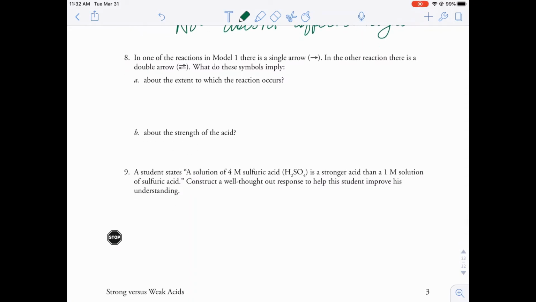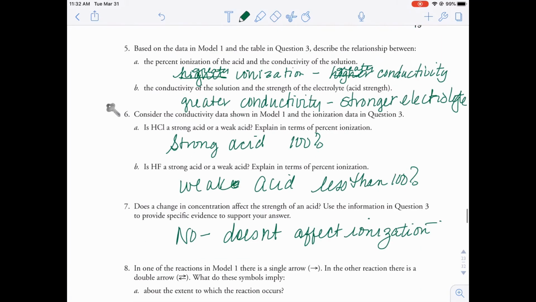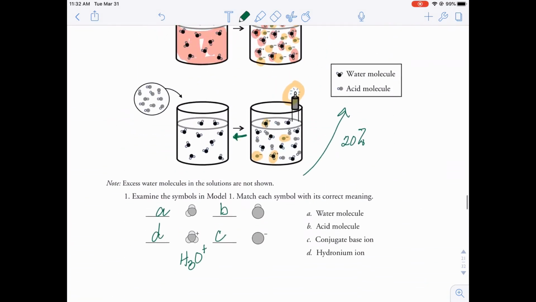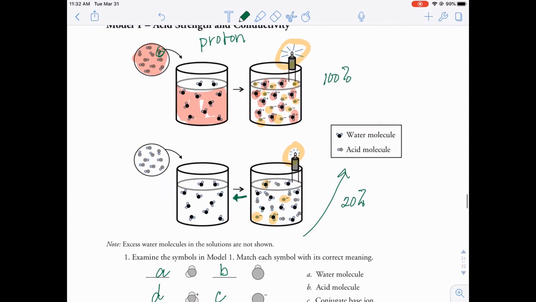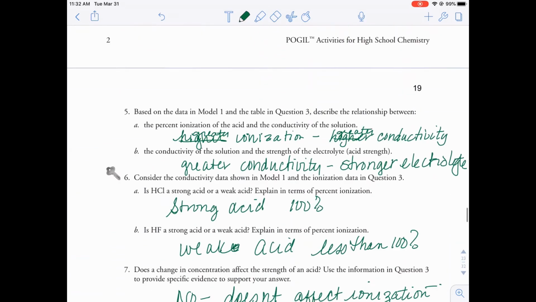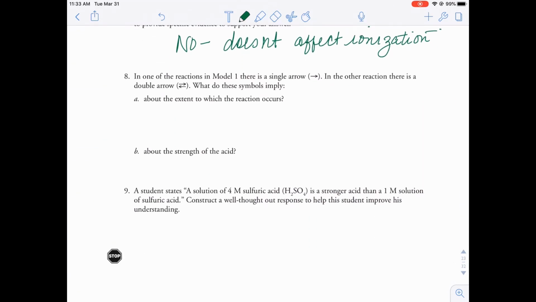One of the reactions, there's a single arrow, the other is a double. Now, there's a typo on your page. There is only one arrow in both of them. So with the second one, the weak acid, please put a second arrow pointing back the other direction. The symbols imply how the reaction occurs.